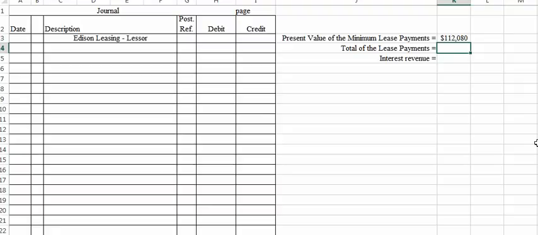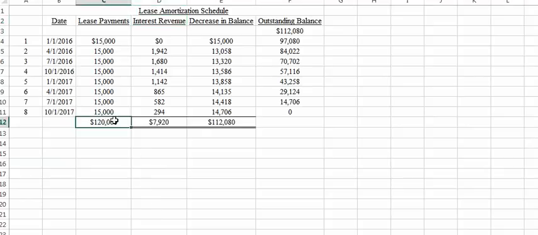$112,080. The total of the lease payments is $15,000, 8 times. And then interest revenue would be the difference in the two, the $120,000 minus the $112,080, which is $7,920, which are these numbers you see across the bottom here.